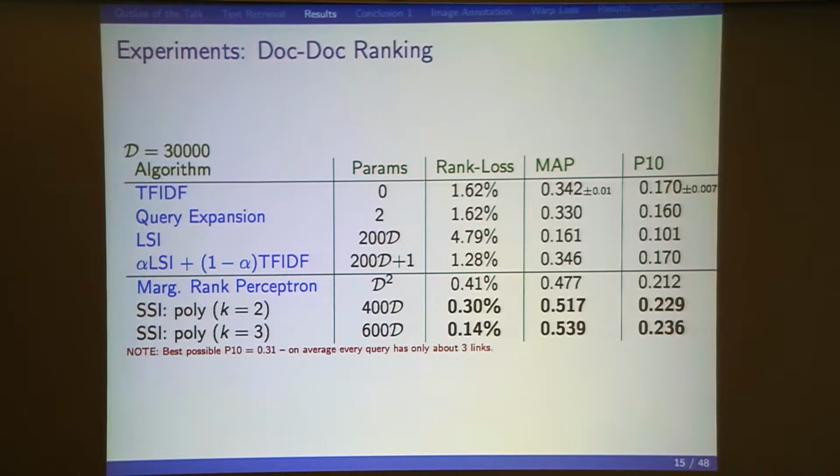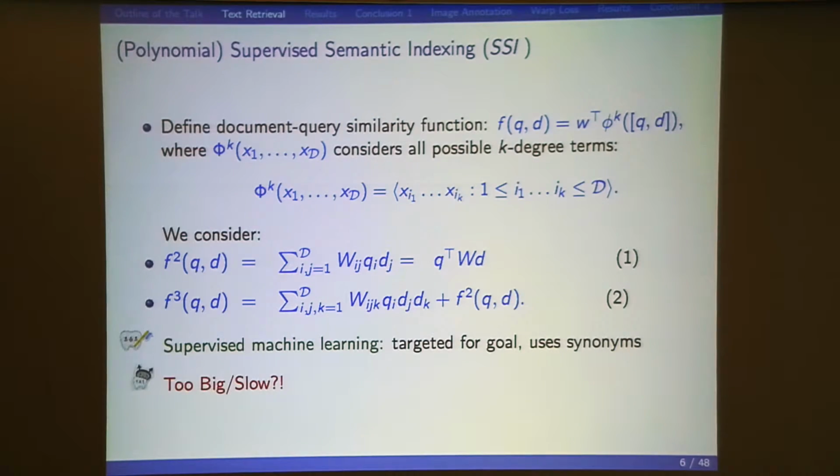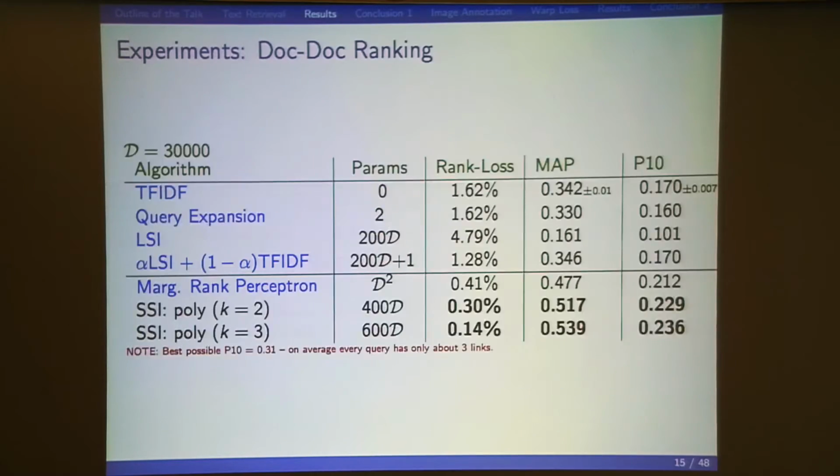The first results are with a restricted dictionary of 30,000 words, the most frequent 30,000. We did that so that we could train some models that can't handle millions of words, like the margin ranking perceptron. Essentially that would be our naive model, where we don't have the low rank thing, so you have all the pairwise weights. TF-IDF is just the standard bag of words scoring, and then we have different metrics for success.